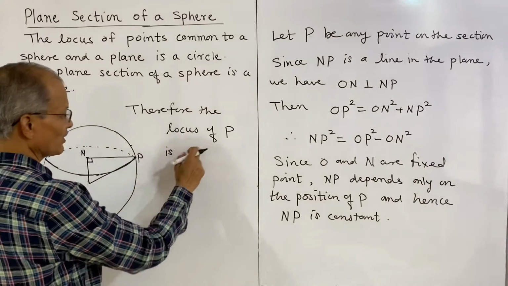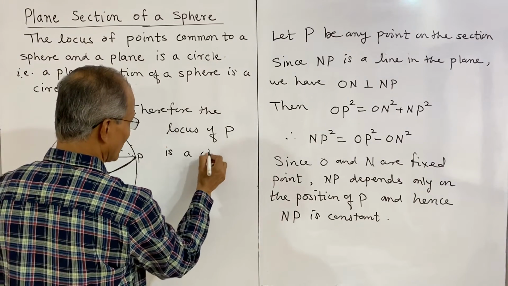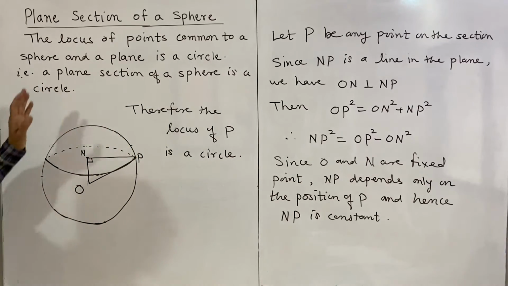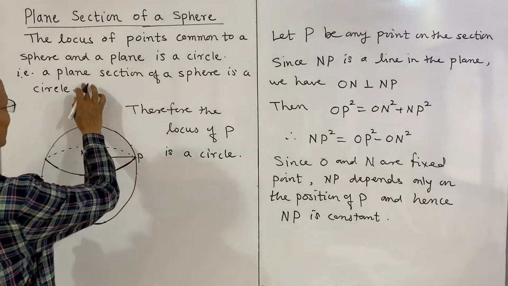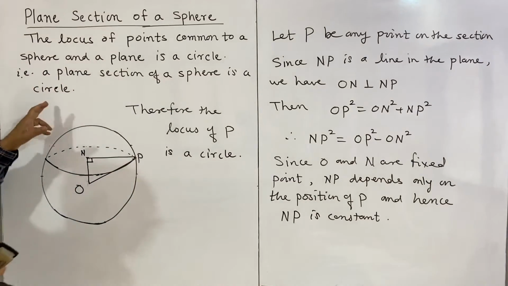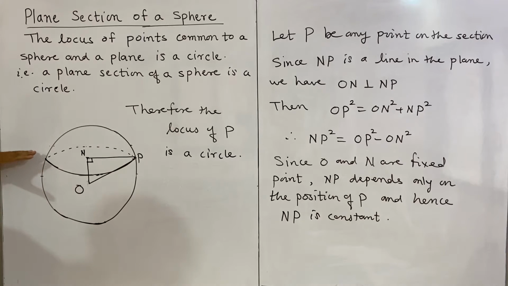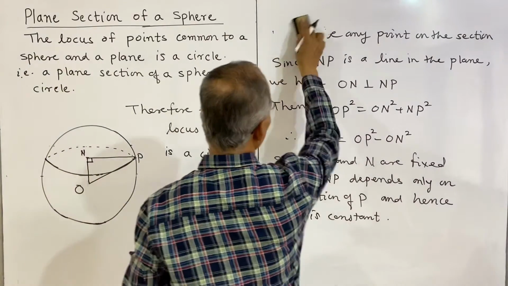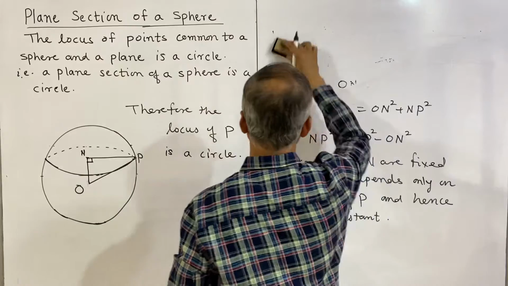Therefore the locus of P is a circle, and hence the section of a sphere by a plane is a circle, or simply a plane section of a sphere is a circle. So this proves the result, and thus we have seen that the intersection of a sphere with a plane represents a circle. Now we shall consider the intersection of two spheres.